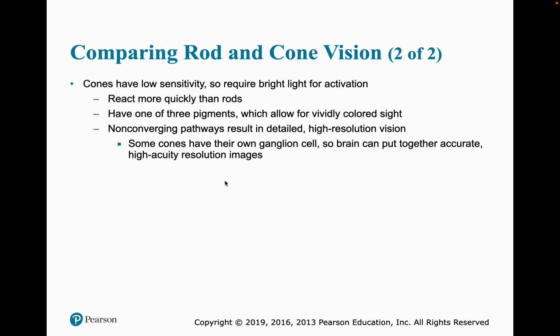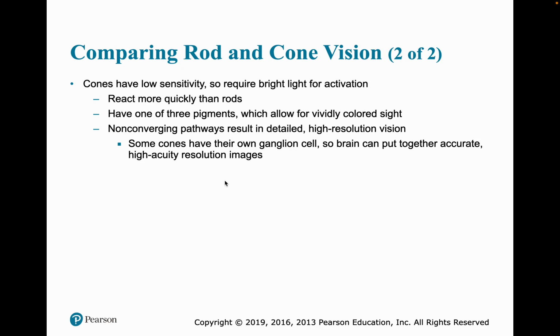The cones are less sensitive to light, so they require bright light in order to be activated. They react more quickly than rods. They have one of three pigments that allows us to have colored vision.